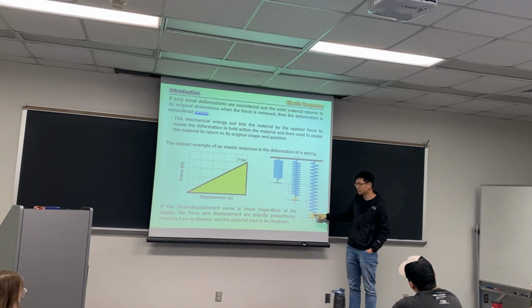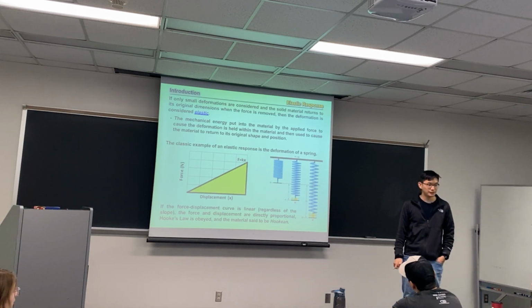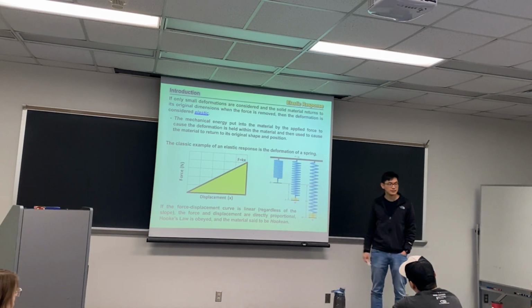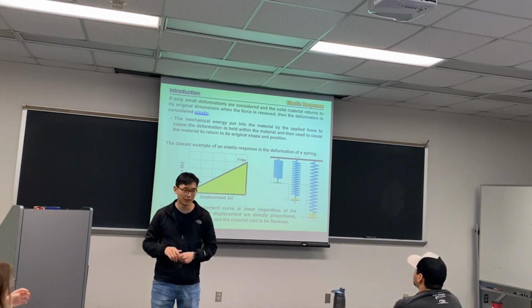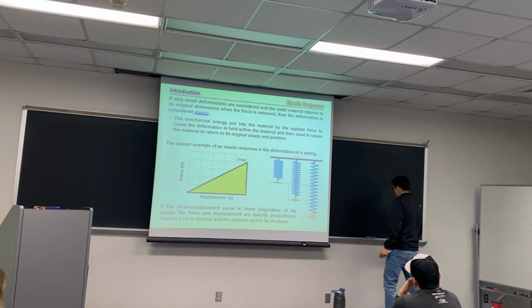Actually, the metal one, do you think the spring will contract or expand when we go out to a much lower temperature? It will contract. How about the polymer? Depends on the length. So in other words, there's an interesting phenomenon.